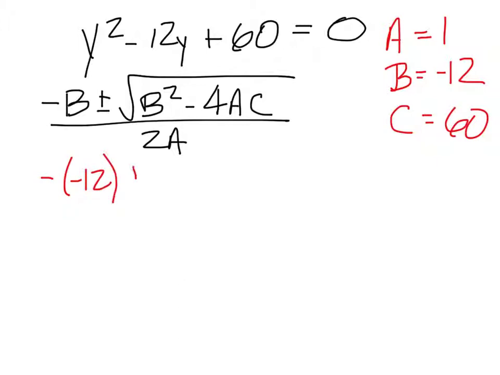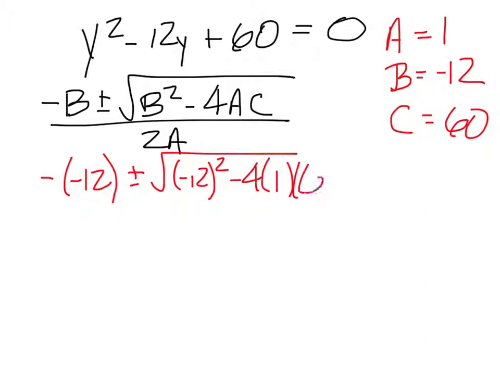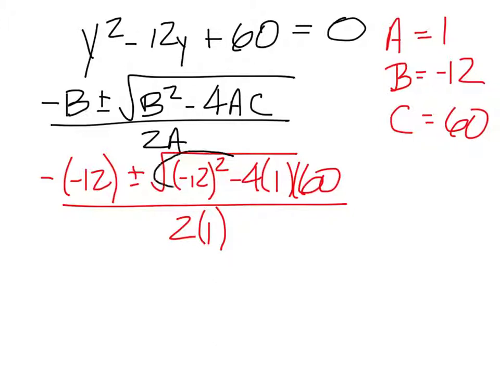There's a double negative. And negative 12 squared minus 4 times 1 times 60 over 2 times a, which is 1. Look at the discriminant to make sure that you have a chance at a real solution. This is the discriminant here. What's negative 12 squared?